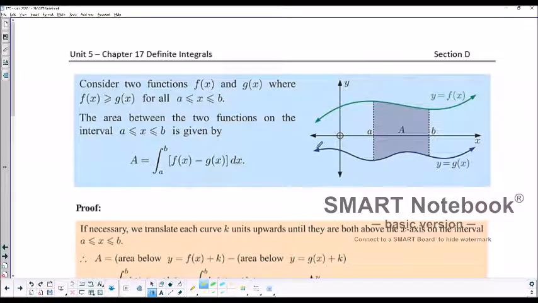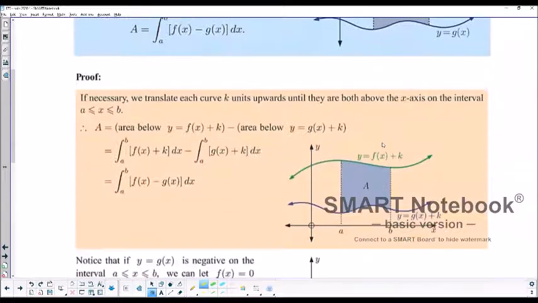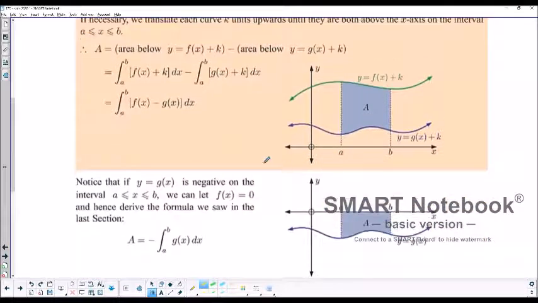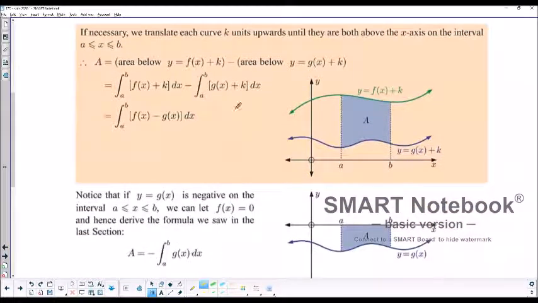A way of looking at this, just to simplify it a little bit, is if we were to translate both of those functions up by some vertical translation k. If we translate them both up by k, then those k values will disappear when we do the subtraction. We take the integral of f of x plus k from a to b, and the integral of g of x plus k from a to b.